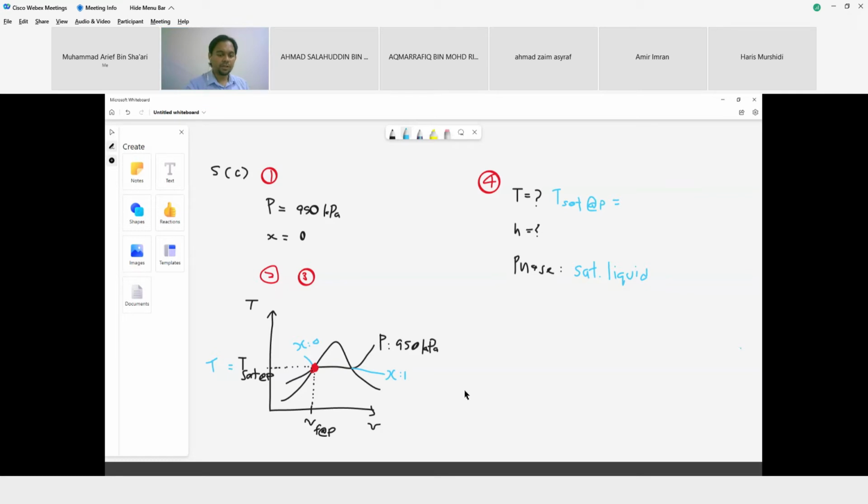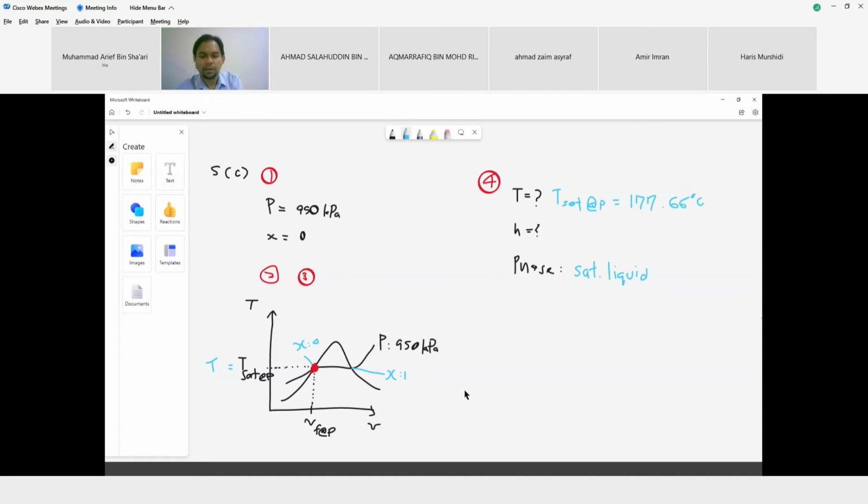Okay, pressure is 950. Look at table A5, pressure table for water. Go for 950 kilopascal and get the value of T saturation, which is 177.66 degrees C.